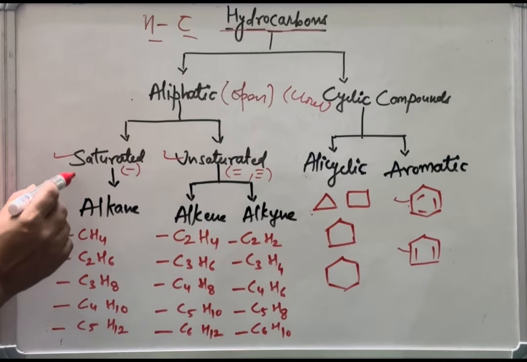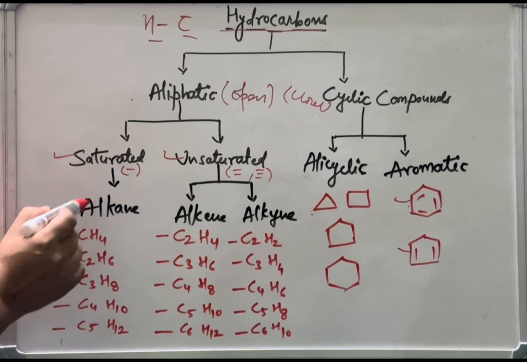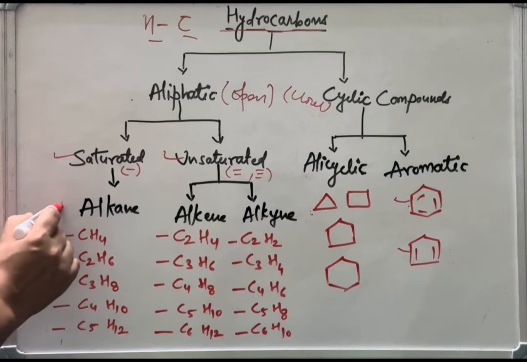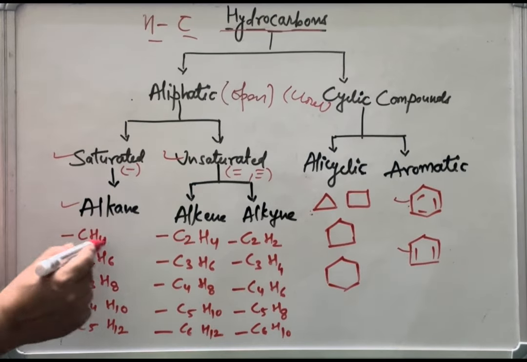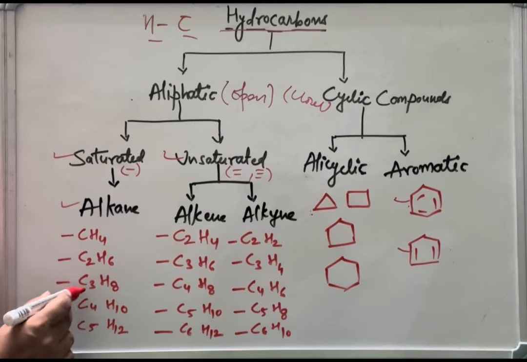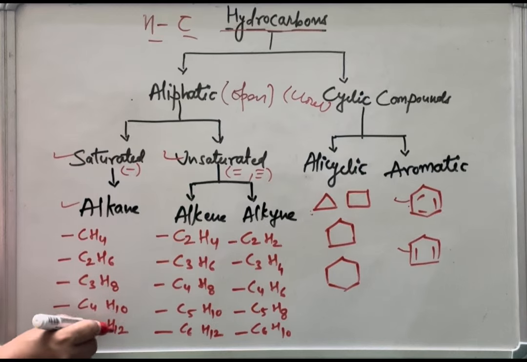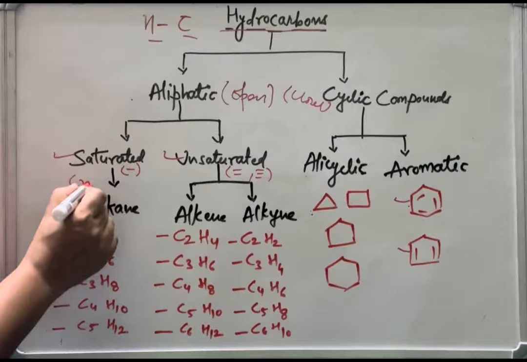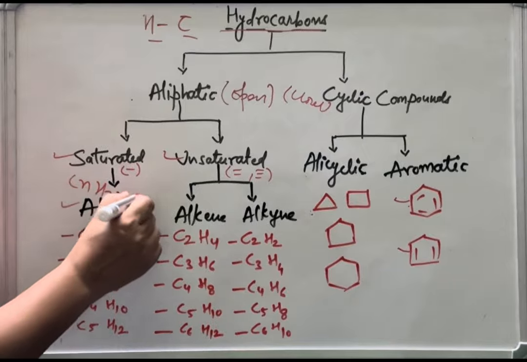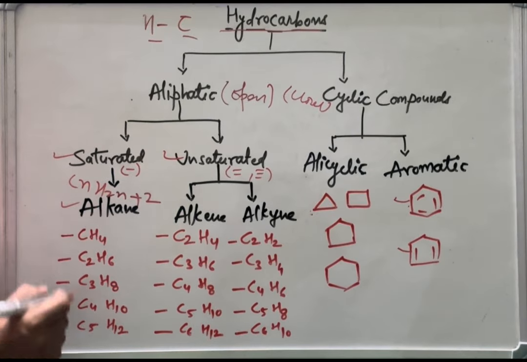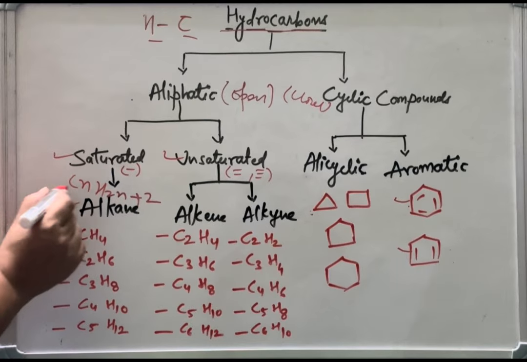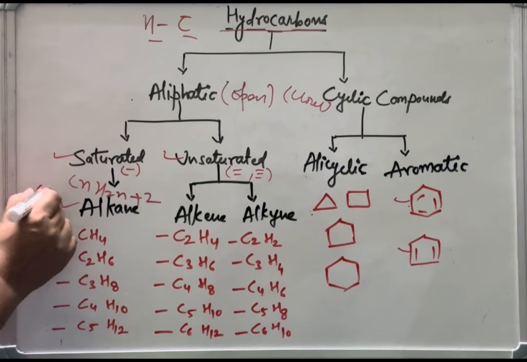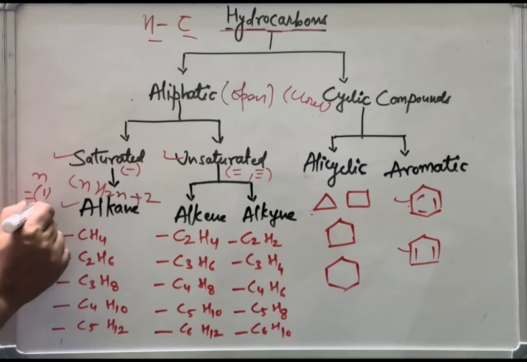So saturated hydrocarbons are divided into alkanes, which are CH4, C2H6, C3H8, C4H10, C5H12. The formula of alkane is CnH2n+2. For example, taking carbon as 1, here n equals 1.